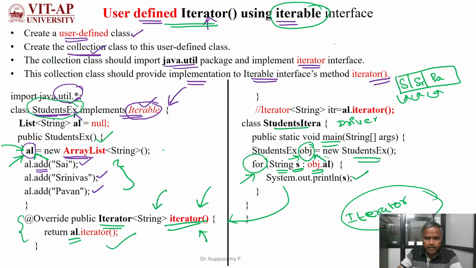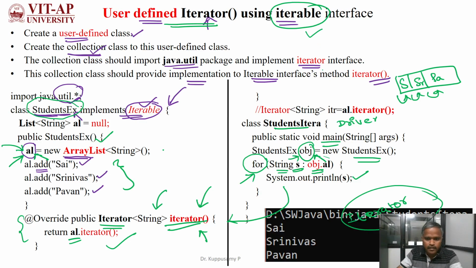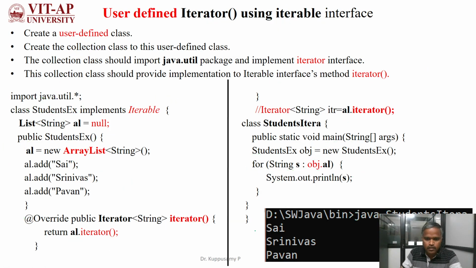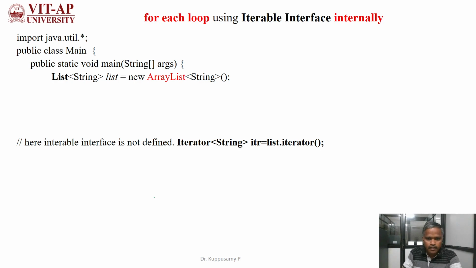So like this we can use the Iterable interface in Java programming. Finally we got the output, printing the elements one by one. The ArrayList has those elements stored here: Shai, Srinivas, and Pavan. And here the for each loop uses the Iterable interface internally.